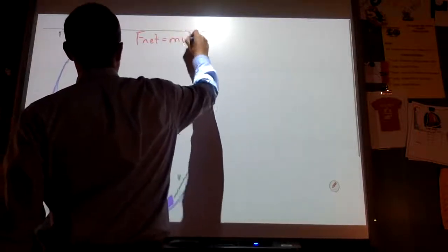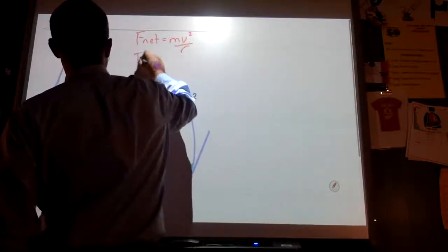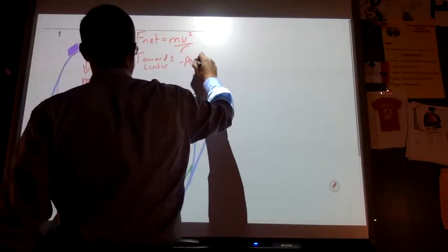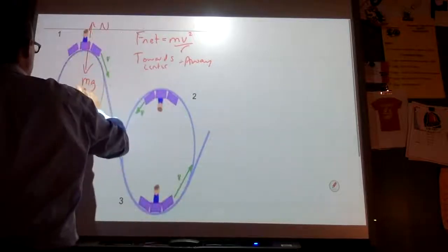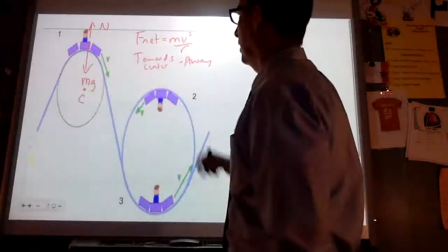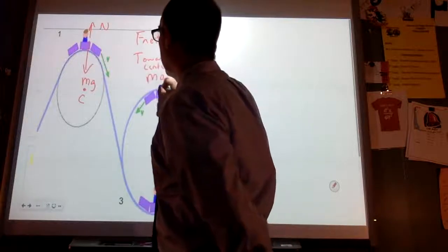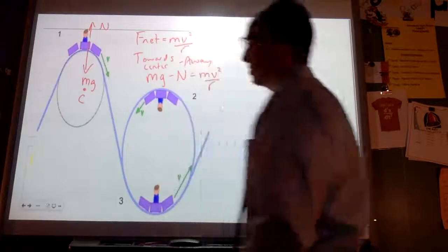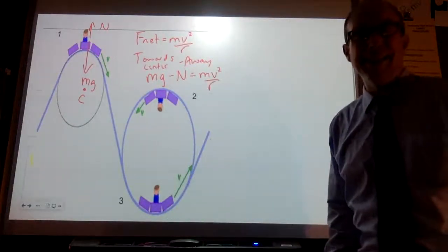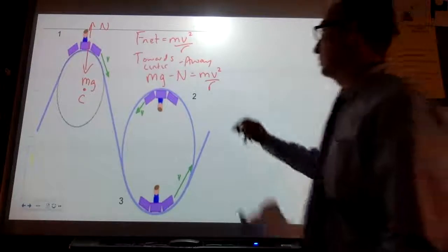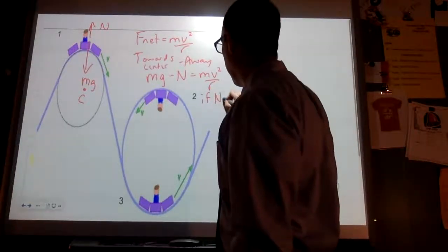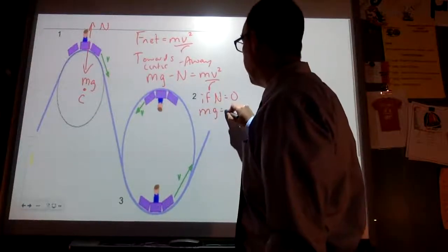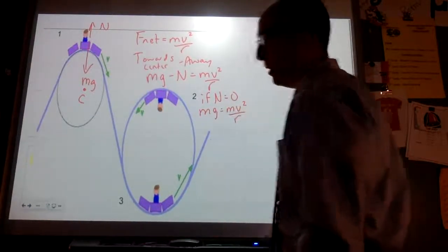All right, so for that one, I'm going to say F net equals mv squared over r. I'm going to take my forces towards the center minus away. The center of my circle would be here. And so it's going to be mg minus n equals mv squared over r. The normal isn't necessary. So the normal could be 0. If n is equal to 0, then our mg is equal to mv squared over r.